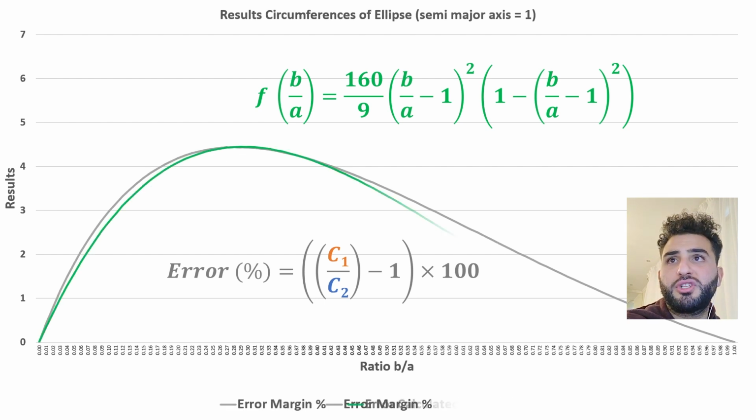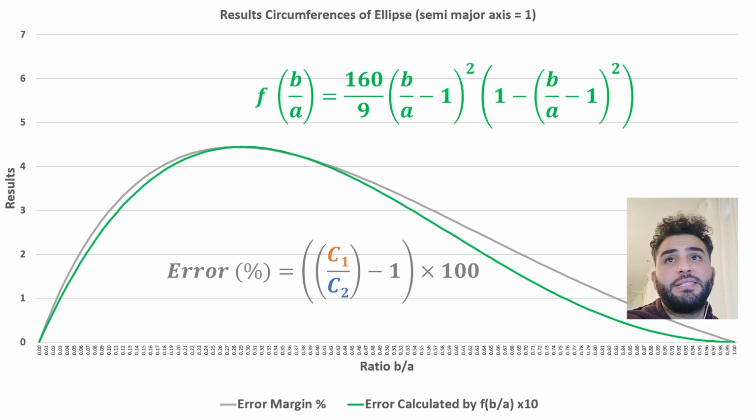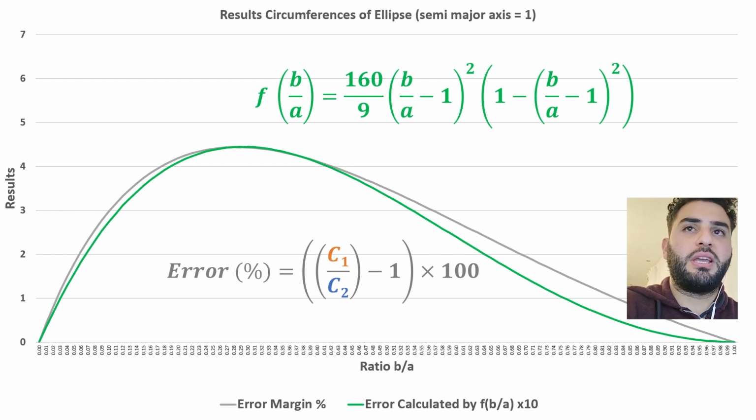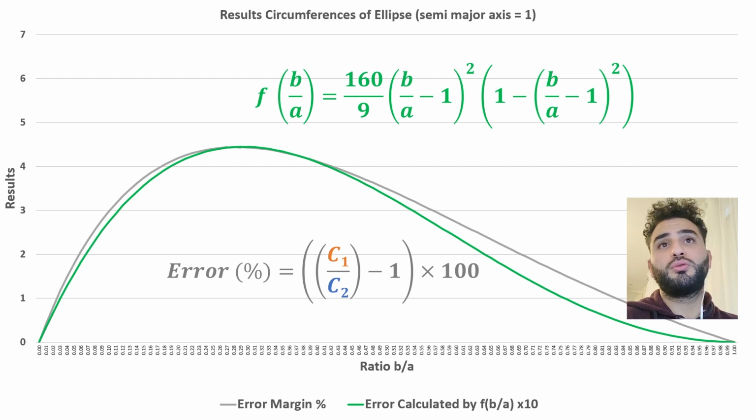And so if I draw this function now, as you can see, it is not exactly the error margin curve from 0 to 1 that I had before, but it's almost the same, if you can say almost the same. I know that's not how we work in math. I know we don't work with almost the same or almost this. I know, but at this stage, I don't have much clue to move forward.